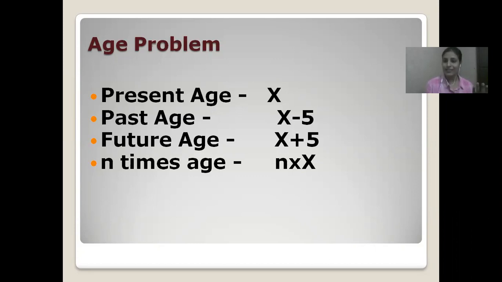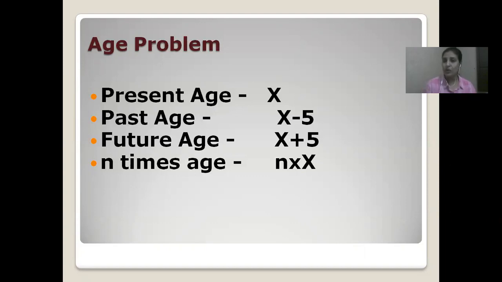So the past age, that means if 5 years before Ram was like this, you have to do X minus 5. You have to subtract that value if it is said like that before or past. So 5 years after or like 5 years hence, you have to add, X plus 5. And sometimes it is given like that Ram is twice as old as his brother.